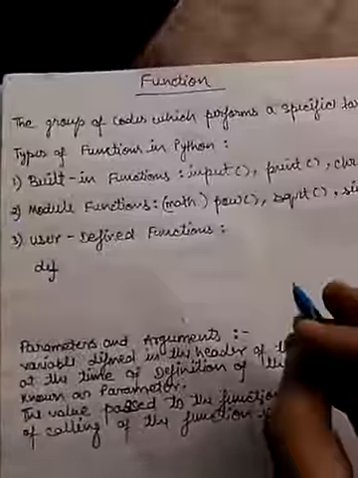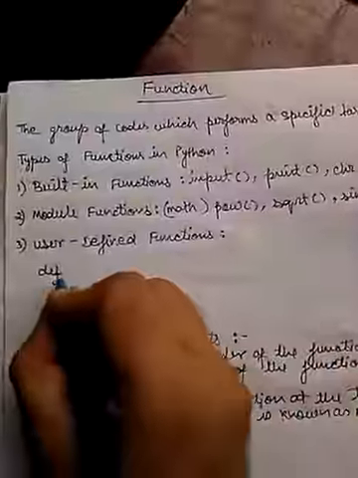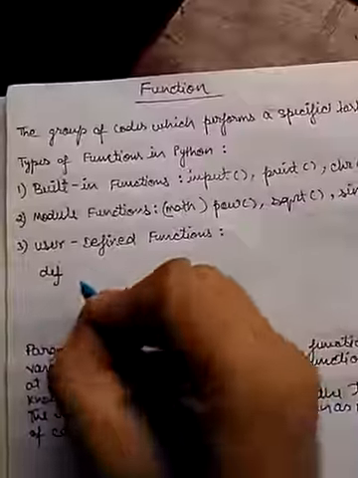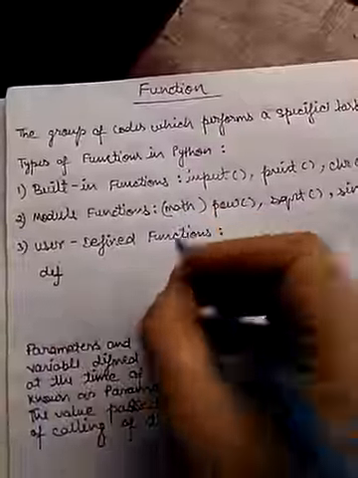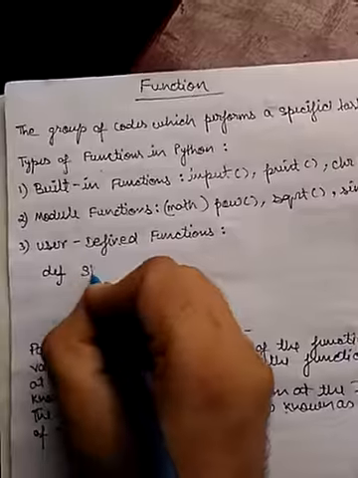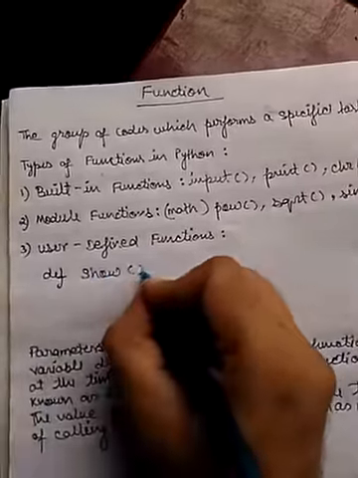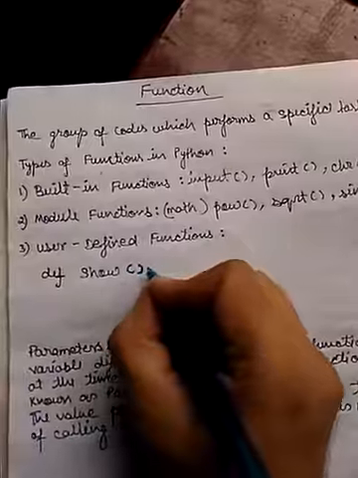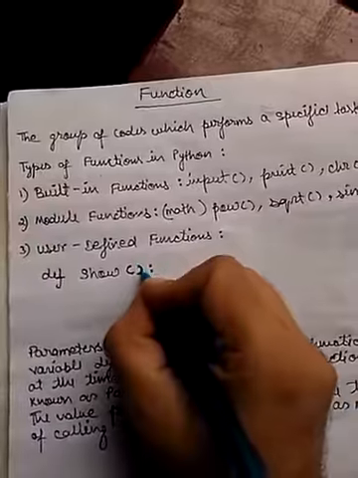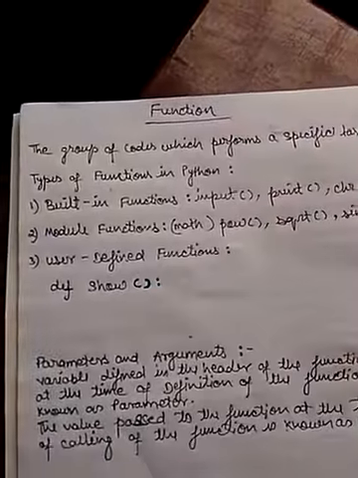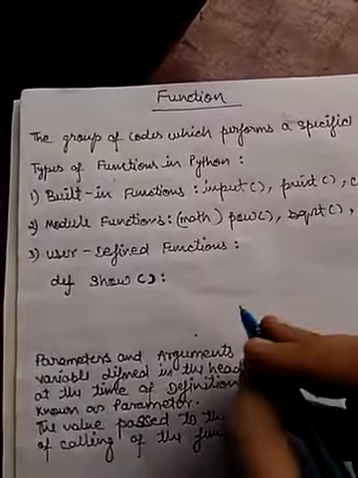Def is the keyword to define the user-defined function. After that, the name of the function. It can be defined by the user. So let us name it as show. After that, the brackets, the parentheses. So this is the header of the function. In this way, you define the header of the function.